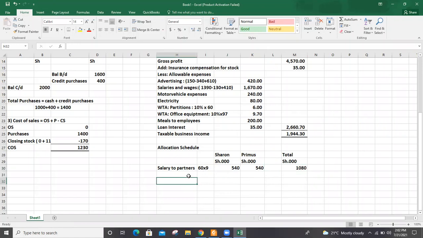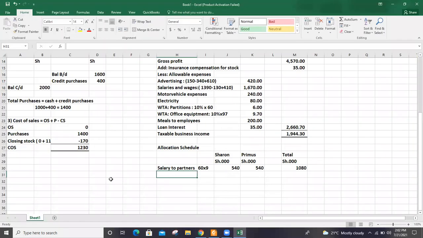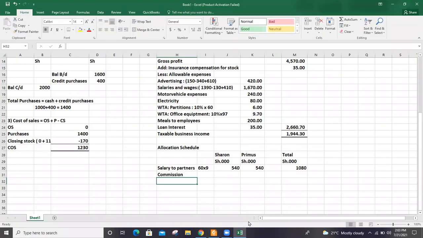Do you have interest on capital? We had the commission to partners. As far as the commission is concerned, how much commission was paid during the year? 100,000. At the beginning, you had an accrual and at the end as well.